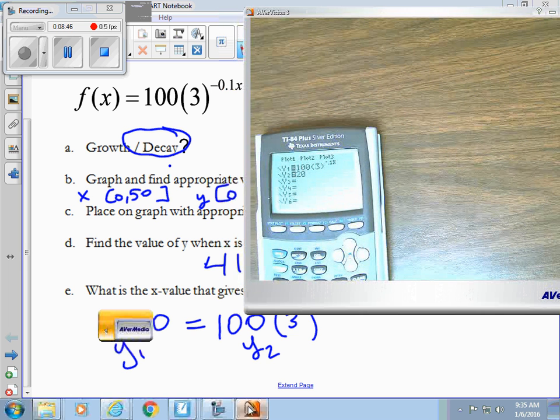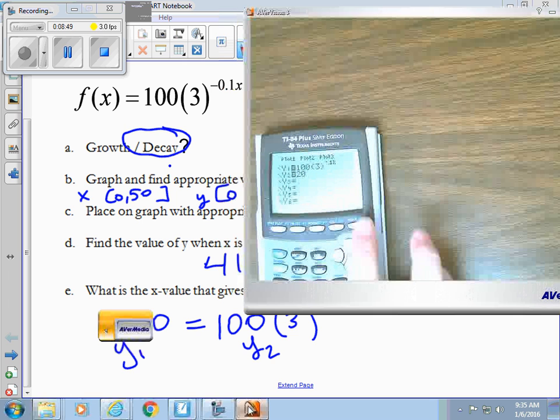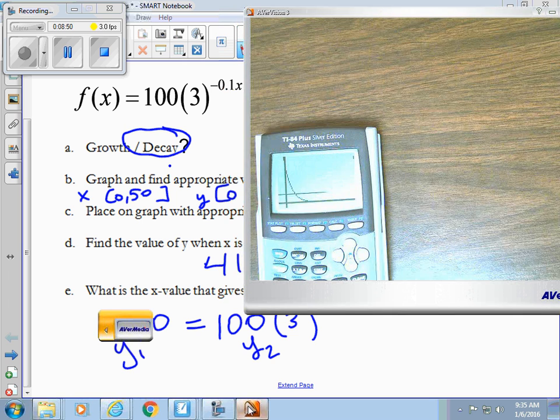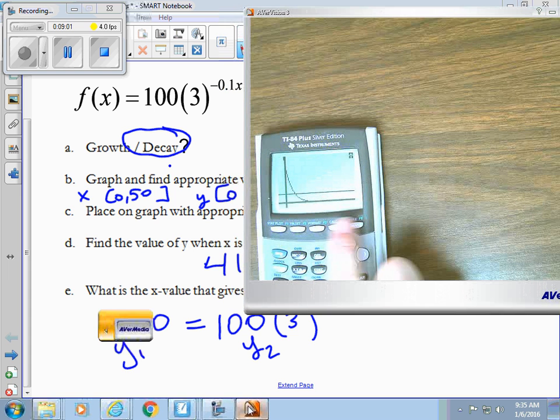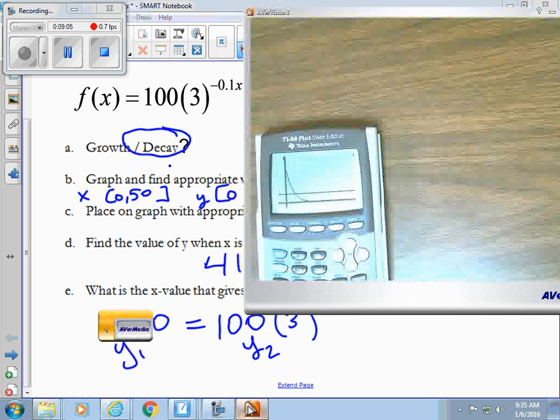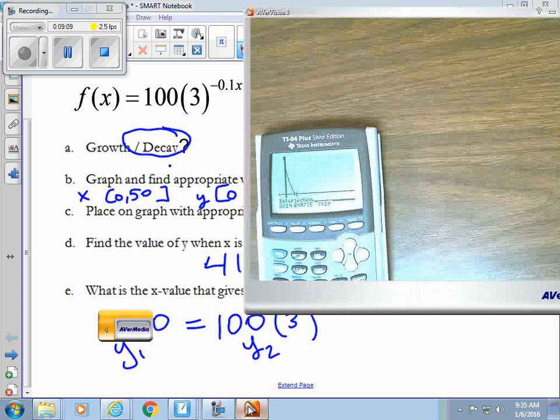Okay, any questions about that so far? If I have a good graph, which I do because I chose a good window, then I see the intersection already. And how do you find intersections? Second trace, number 5. Push enter 3 times. So you have no idea how to solve exponential equations, yet you just did.